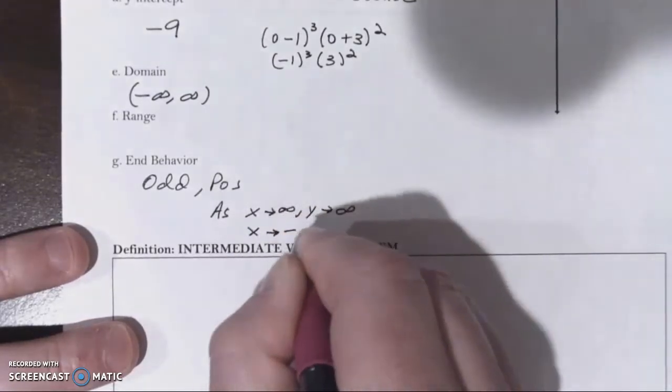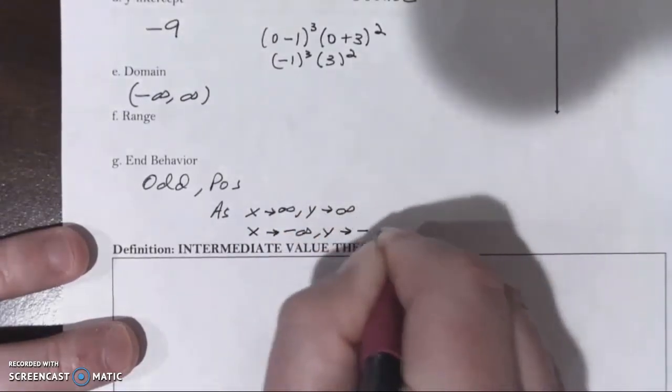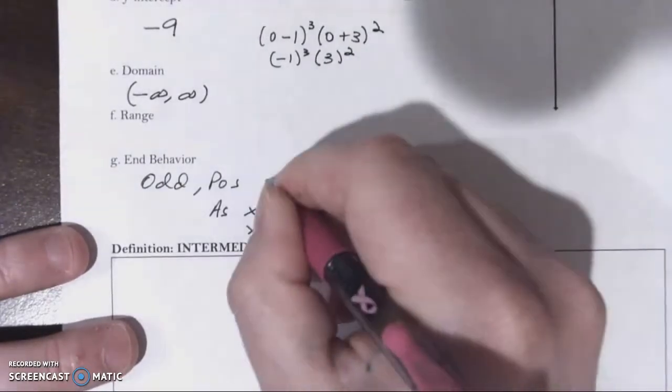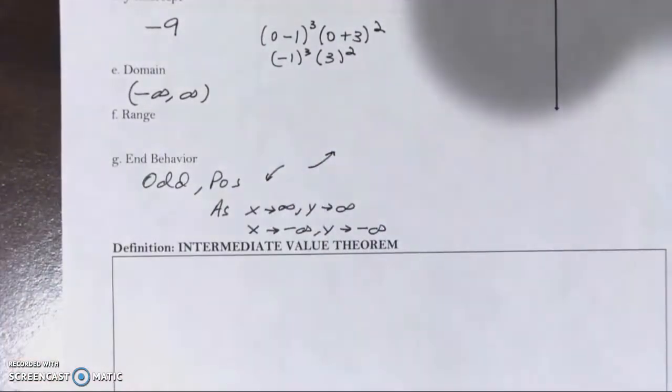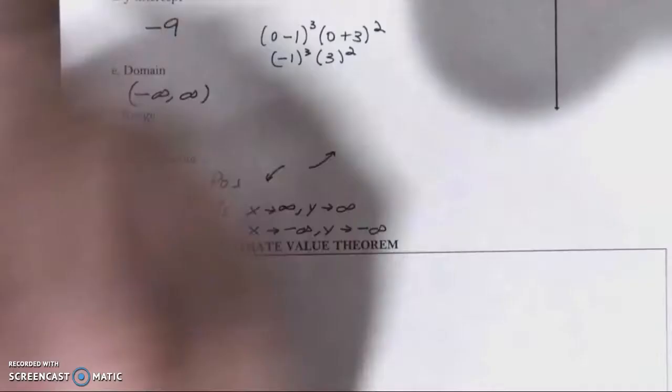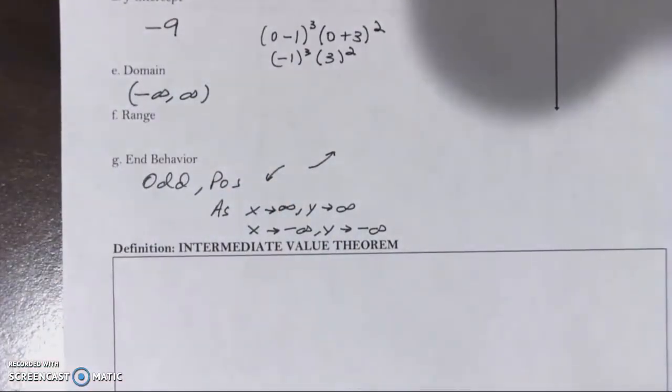As x approaches negative infinity, y will approach negative infinity. If you'd like to think of the end behavior visually first, and then write it in the terminology that we're looking for, that might be helpful. Starts low, ends high when it's odd positive. All this information should allow us to graph this pretty accurately.